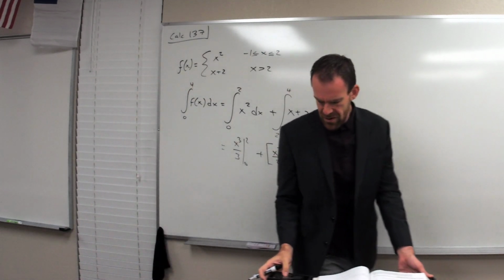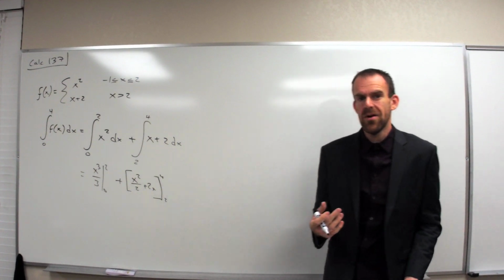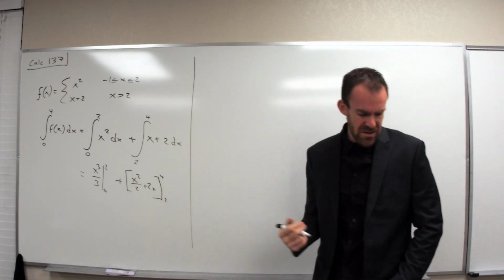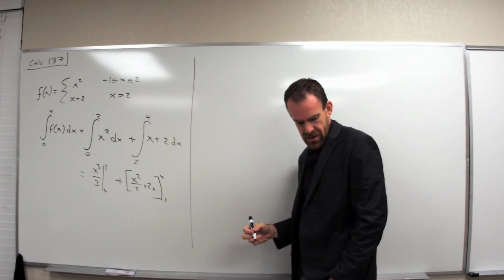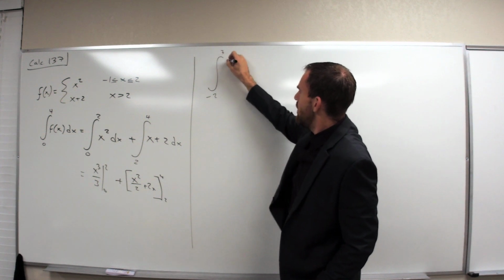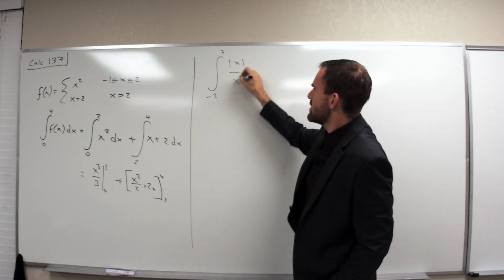Pretty simple stuff. The only thing you have to watch out for is functions that aren't defined piecewise but are piecewise functions. Here's an example. We have the integral from -2 to 3 of absolute value of x over x.